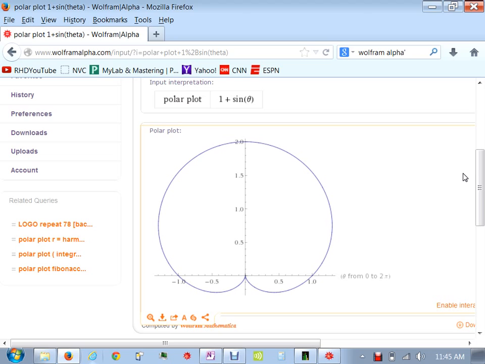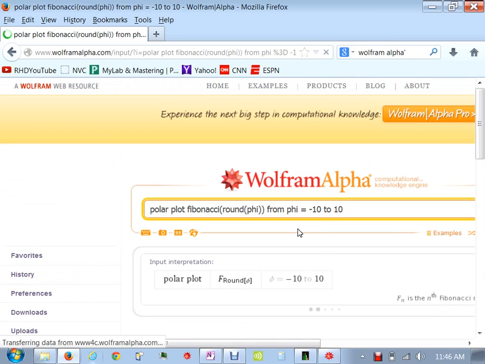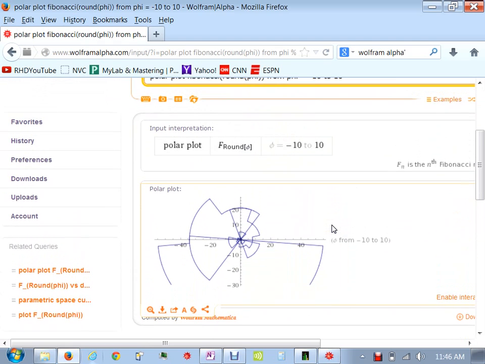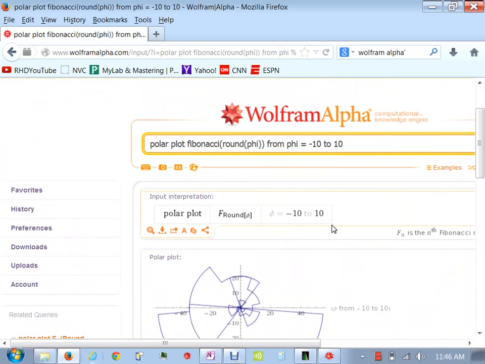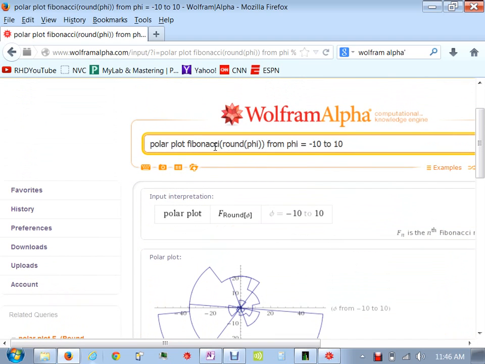Of what? What are you talking about? Polar plot, Fibonacci, round phi. I'm not sure. Let me look at it. Well, we're not going to get into Fibonacci right now.